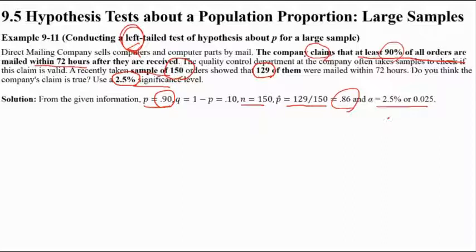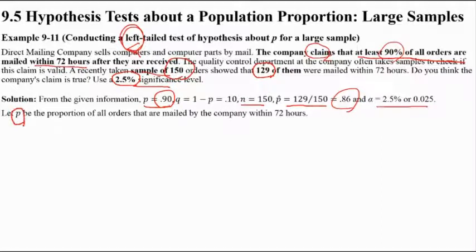What's the P proportion defined as? It is the proportion of all orders mailed by the company within 72 hours. P hat corresponds to the sample proportion. So P is for the population, and P hat is for the sample.